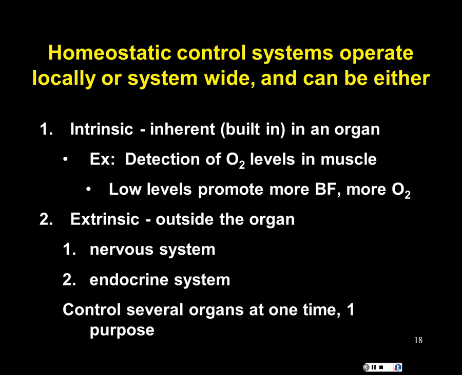The nervous system and the endocrine system are our major extrinsic regulators. This is also huge for the rest of the semester. I want you to remember this all the way through the semester, and I'm giving you examples that hopefully make sense.